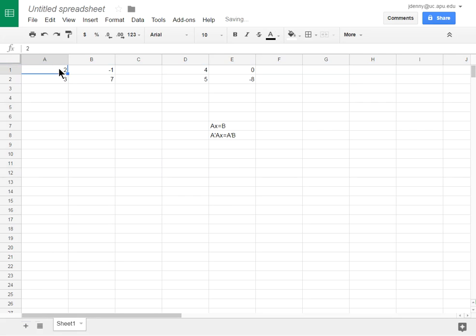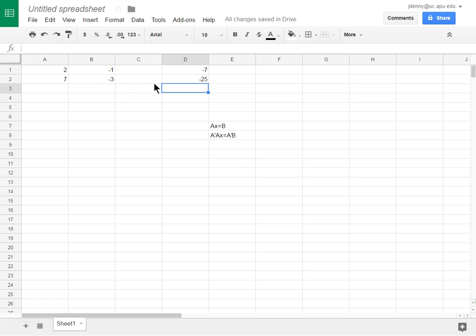Let's suppose this is my A matrix: 2, 7, -1, -3. And let's suppose my B matrix is -7, -25. Okay, so my A matrix is on the left and my B matrix is on the right.